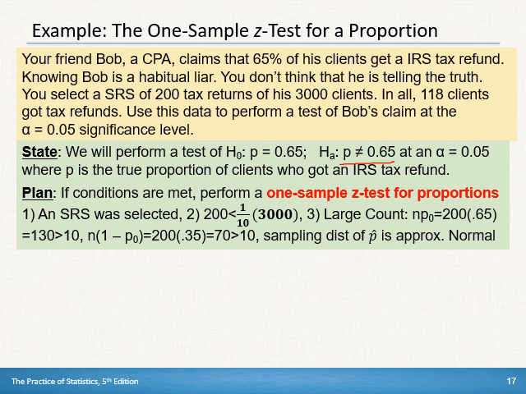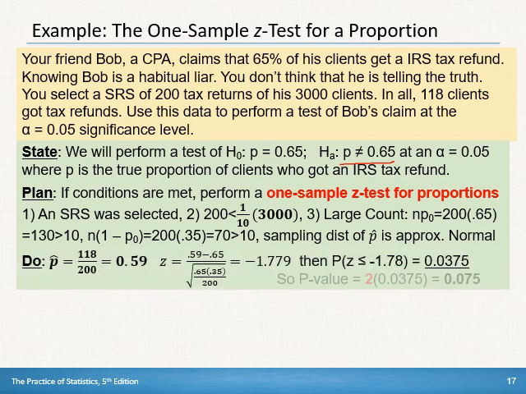All right, so do your do. All right, so we do our P hat, we do our Z score, and then if we wanted to, we could go now to our Z score table, or we could use a calculator, and we could find our P value. Now we did this by hand, but we know that it's a two-sided test from the alternative up above.